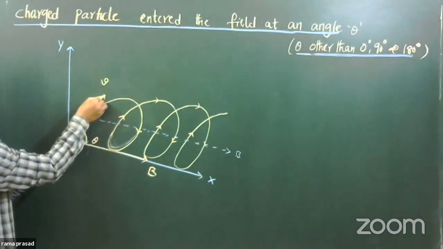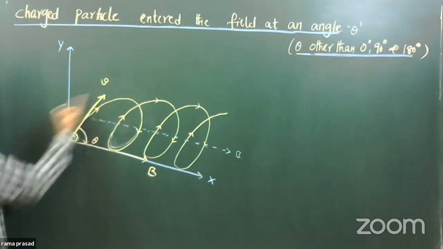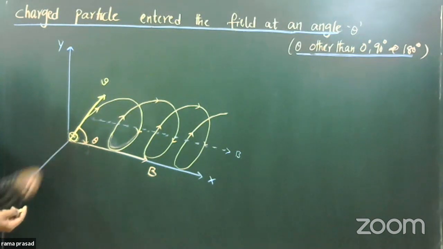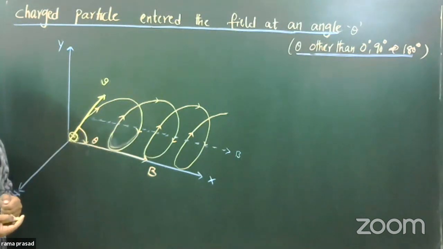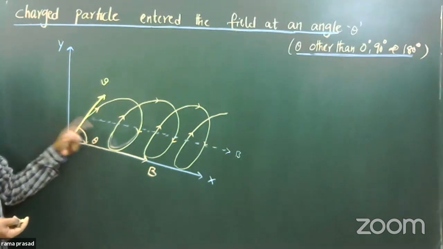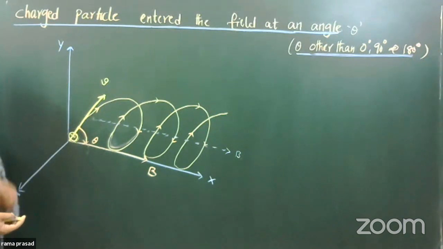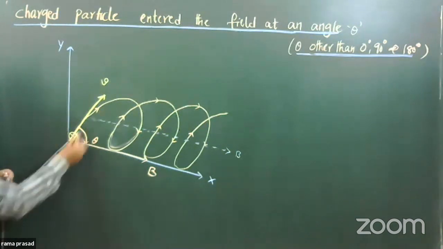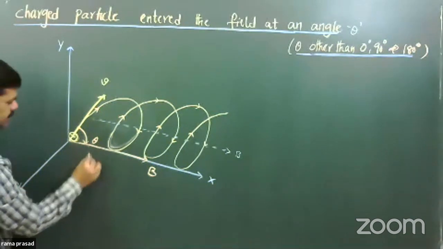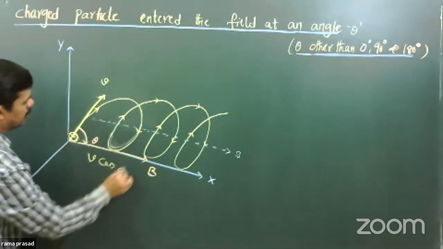See this velocity of the charged particle. It is making an angle theta with the field direction. It is not exactly along the direction of the field. It is not perpendicular to the field. Resolve it into two components. Its component along this field direction is v cos theta.